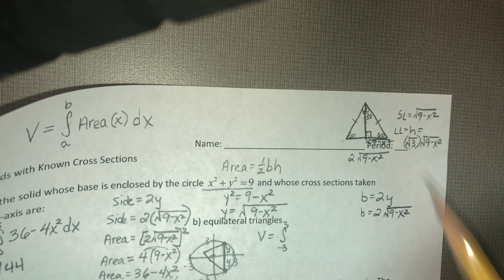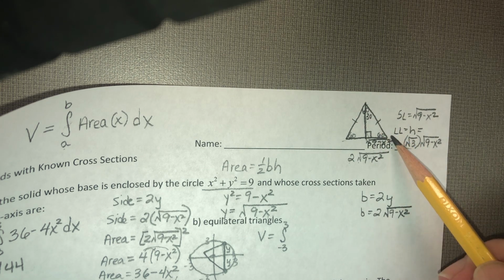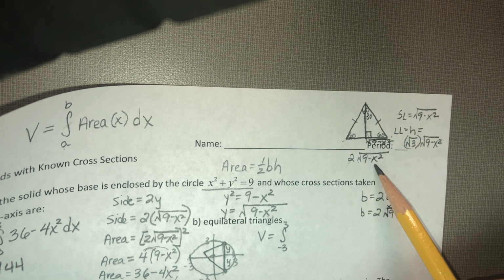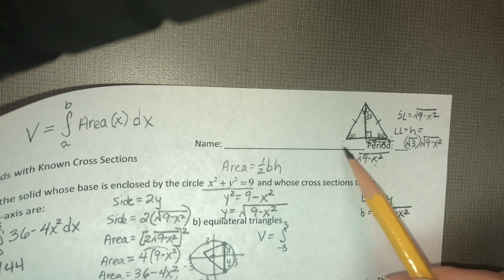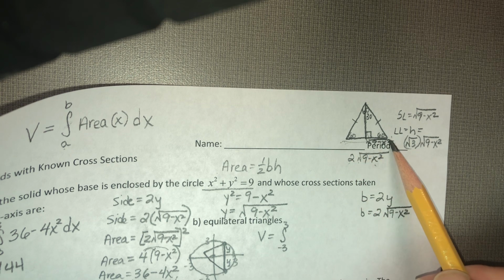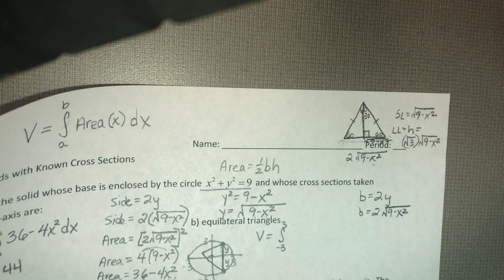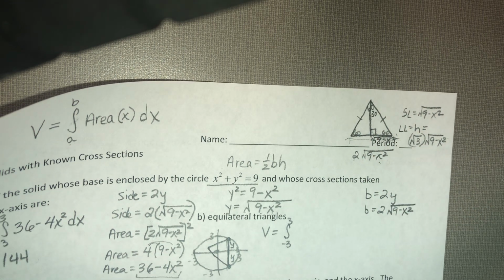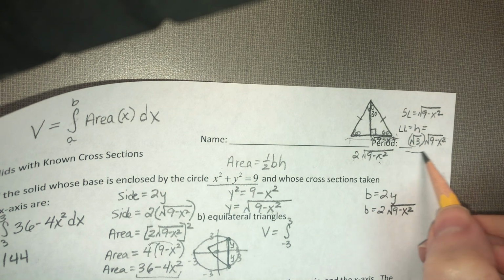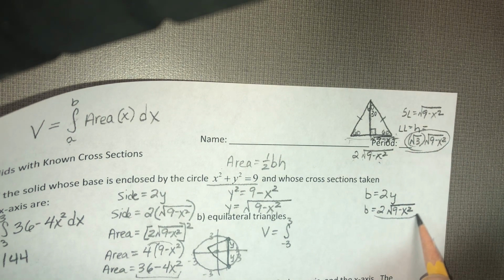Okay, and then the hypotenuse is the short leg doubled, which notice is 2 times the square root of 9 minus x squared, which was the length of the base, and we said all of these sides are the same, so that does make sense. All right, so I have the height and I have the base.